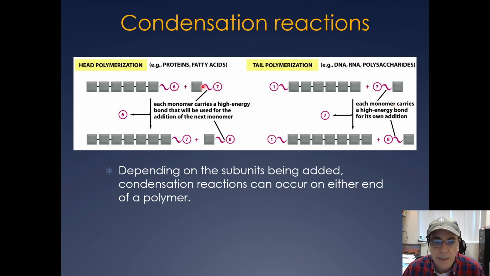Is it being added to the head of the growing chain, where 7 here is added to 6 and then 8 is added to 7, or is it added to the tail? And so depending on the subunits being added, it can occur on either end of the polymer.